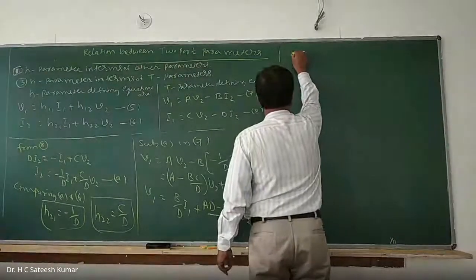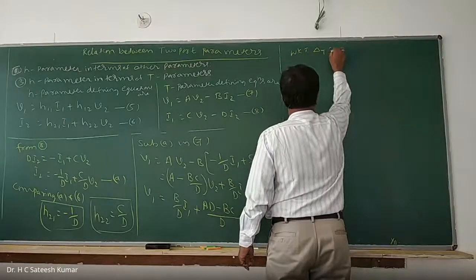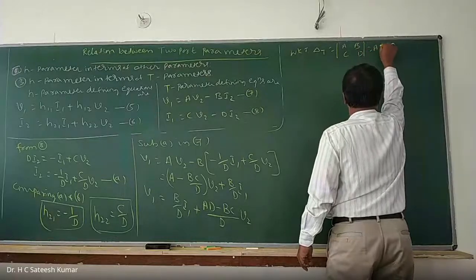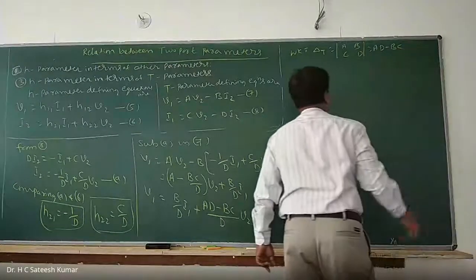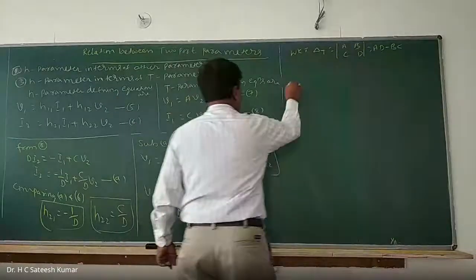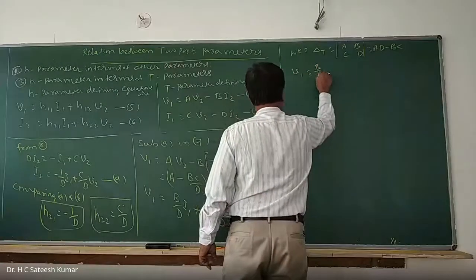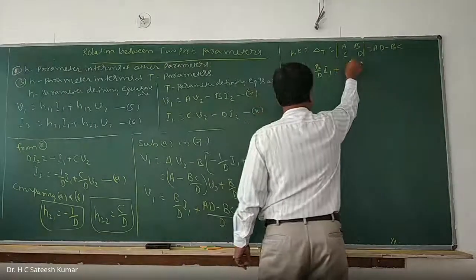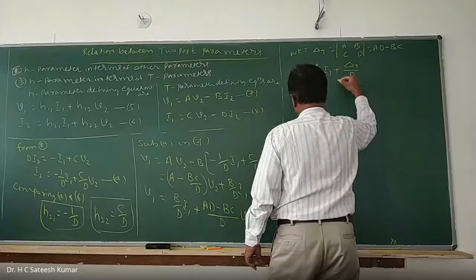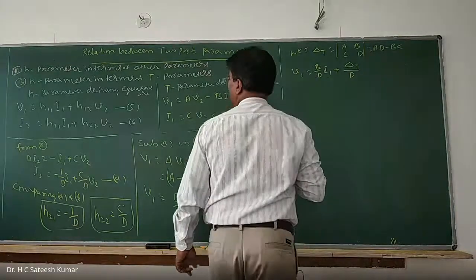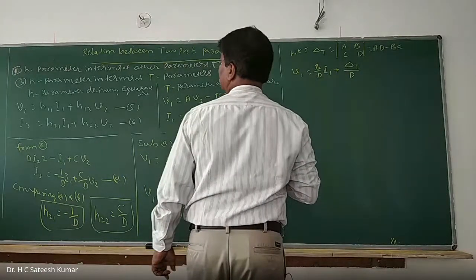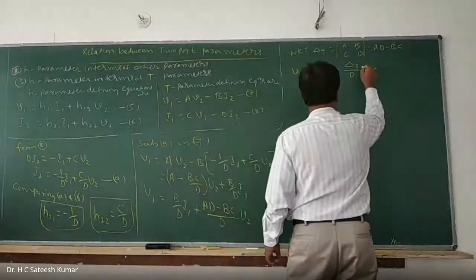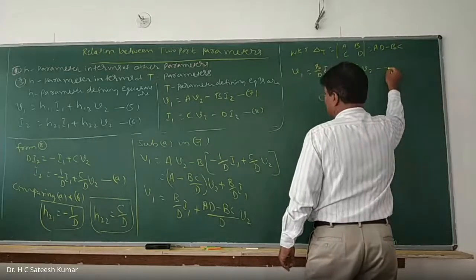We know that delta T is equal to AD minus BC. Therefore, V1 is equal to B by D into I1 plus AD minus BC, which is delta T, divided by D, into V2. Call this equation number B.